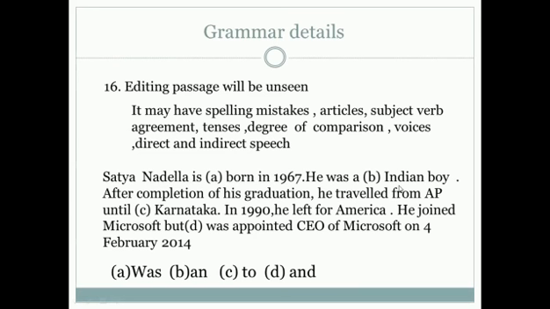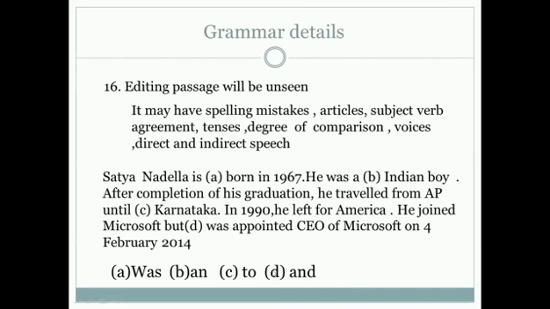So in this, he was an Indian boy. So I it is over letter, and before the over letter, what should come? And should come. So after the completion of his graduation, he traveled from AP until Karnataka. Is it correct? No. Why? He is traveling from AP to Karnataka. It is just he is moving.